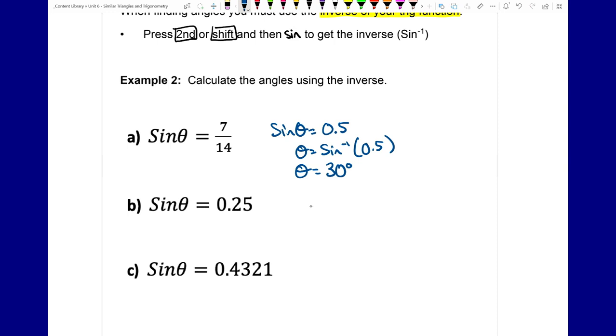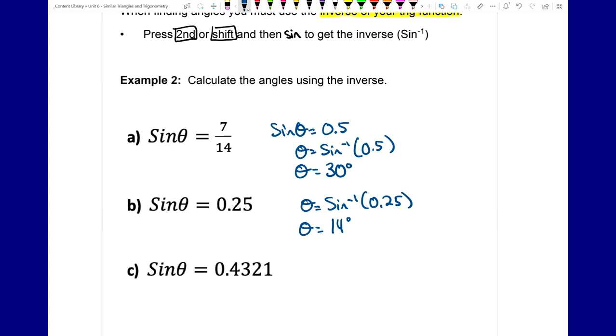Sine theta equals 0.25. Again, same idea. Theta is going to equal sine -1 of 0.25. Theta equals, punching it in on our calculator, let's say 14 degrees. This one is kind of on the cusp, it could go either way.